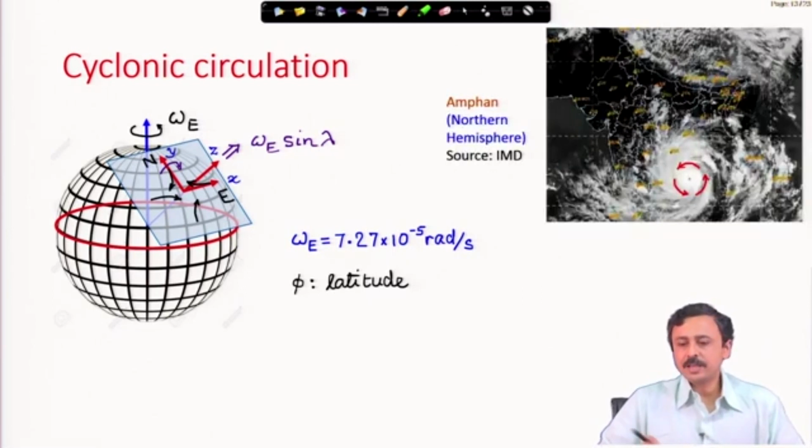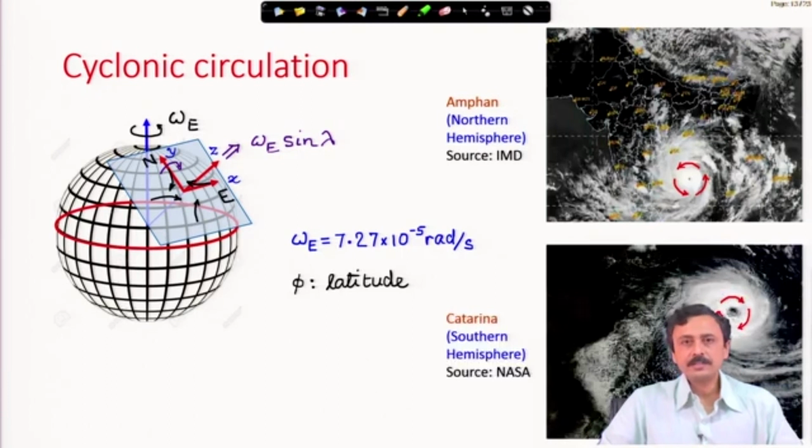Now, this is the image of the Amphan cyclone, a super cyclone, in the northern hemisphere, off the coast of Tamil Nadu in the Bay of Bengal. The source is the Indian Meteorological Department, and I have marked the direction of circulation, it is counterclockwise. If you look at the southern hemisphere, this is the super cyclone Catarina, which hit the coast of Brazil.